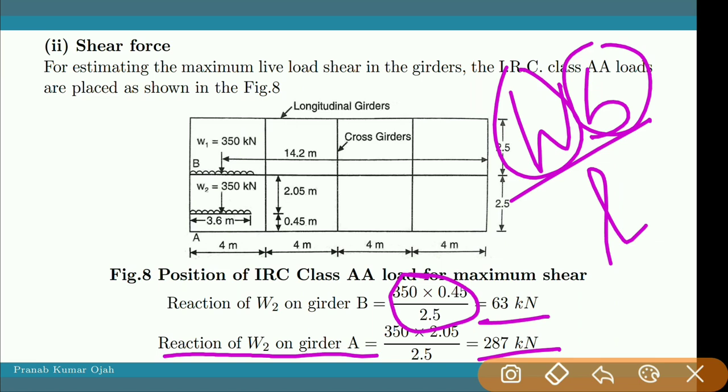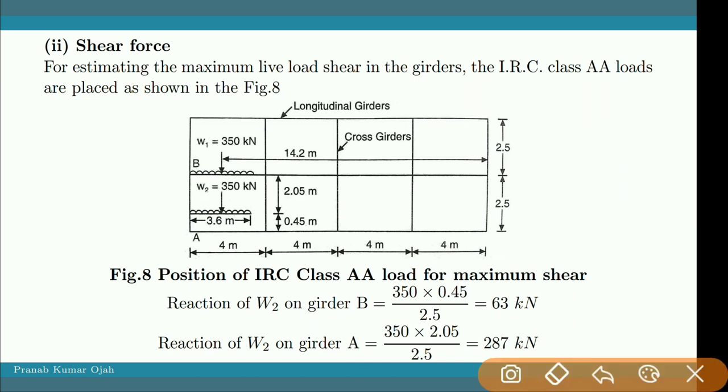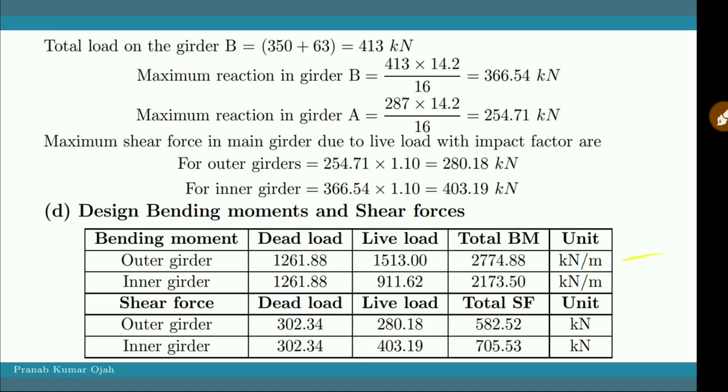It is the distance from the other support to the load. So as I am calculating the reaction for girder A, I am taking the distance from the girder B. Okay, so one will be 63, the other will be 287.